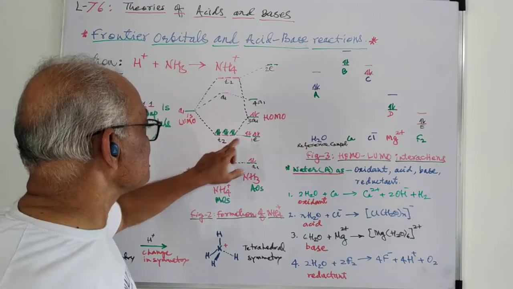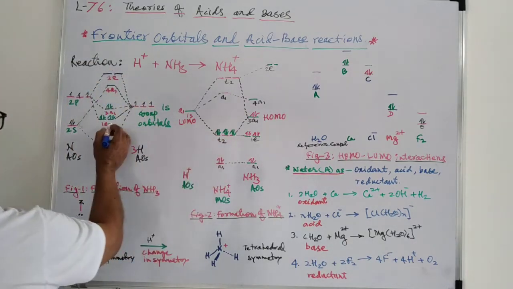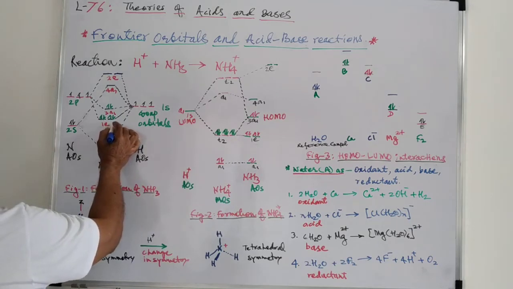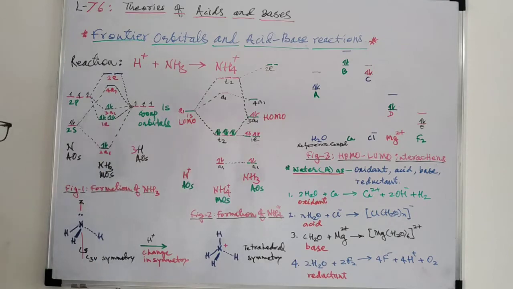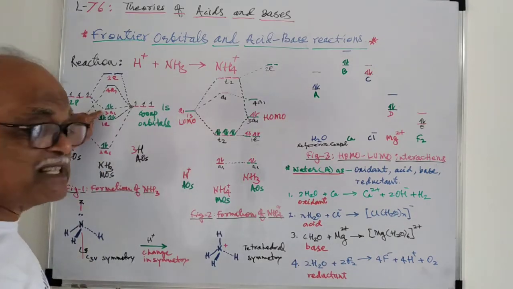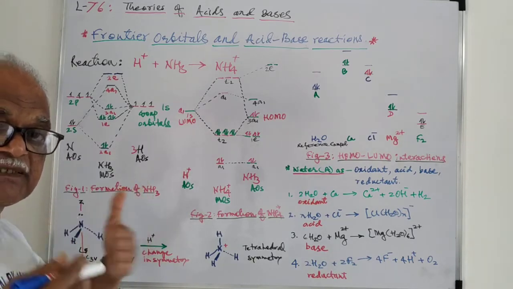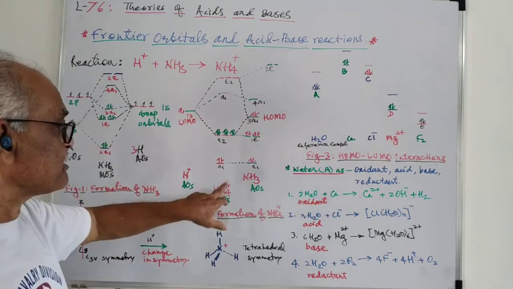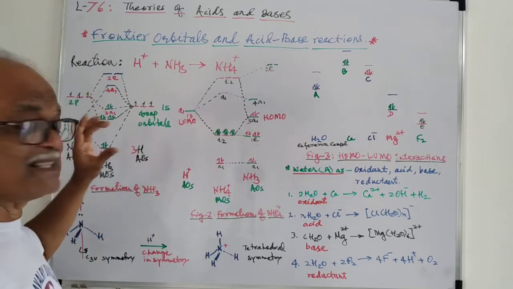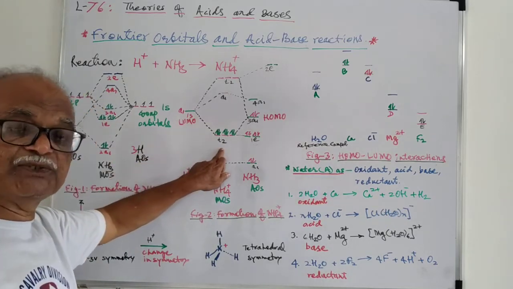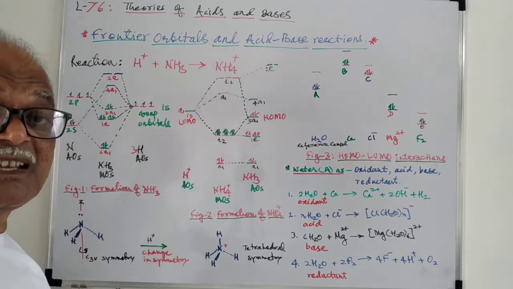So there are three such tetrahedral symmetry orbitals which are obtained from the combination of these 2 plus this 3, that is, A1 symmetry orbital and E symmetry orbital. They have different symmetry, but after the formation of NH4, the different symmetry orbitals are converted into tetrahedral symmetry orbitals. So this is an important change in the symmetry.